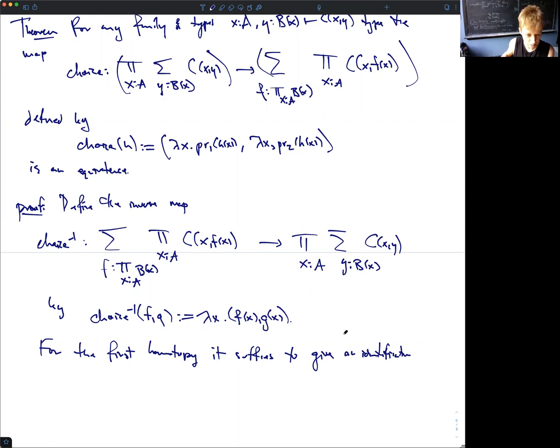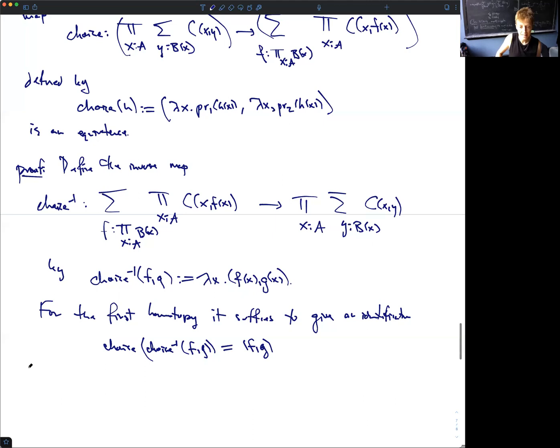We consider the choice inverse function first and then the choice function second. Since it's a homotopy, I'm going to evaluate it at a term, and by sigma induction, I can assume that term is a pair. So evaluate at (f, g), where (f, g) is exactly as above.